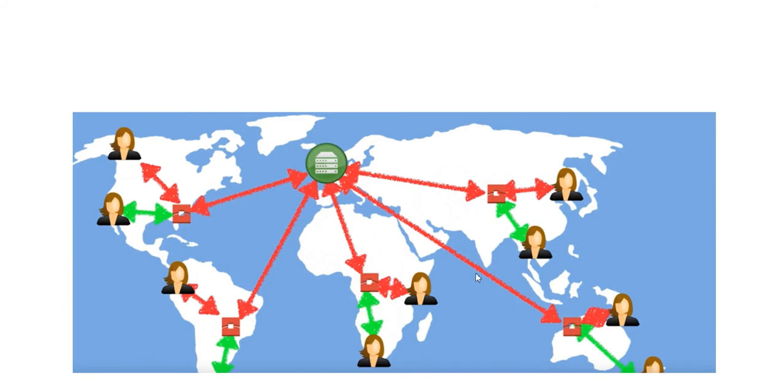Let me say someone from Australia is trying to access it. This user will request from the edge location, and the edge location does not have it cached, so it will pull it through the distribution URL from my website, which is hosted here.